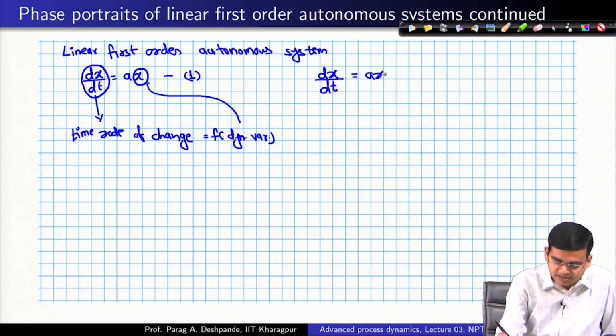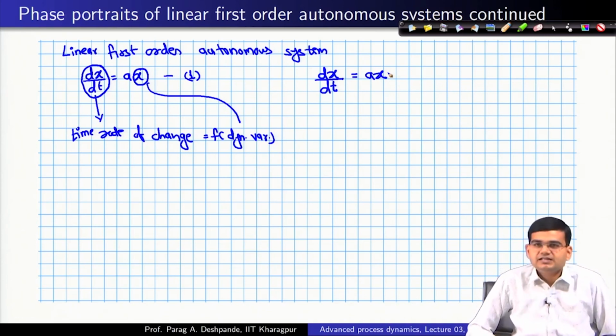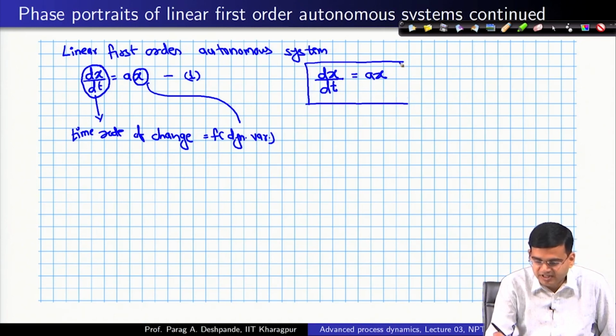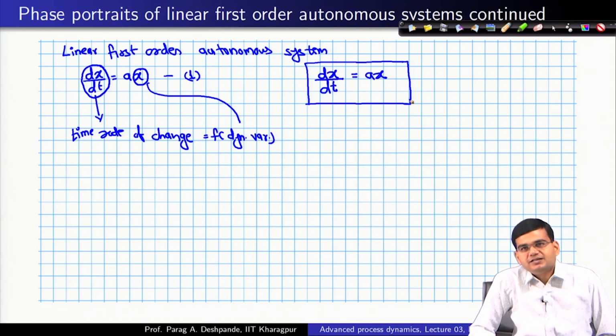a x. Now, a simple question which may arise is how many equations are these? If I write this as dx by dt is equal to a x, how many equations are currently under consideration? By looking at it, the answer may trivially be that there is only one equation, but we have actually not defined what is the value of a.